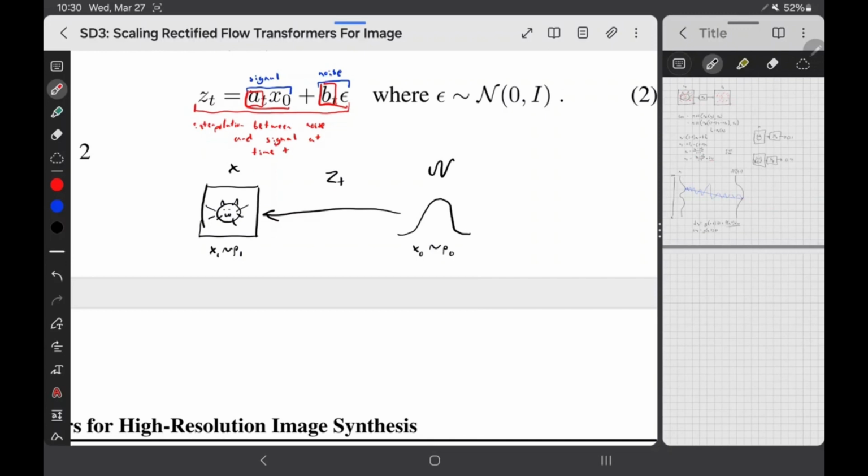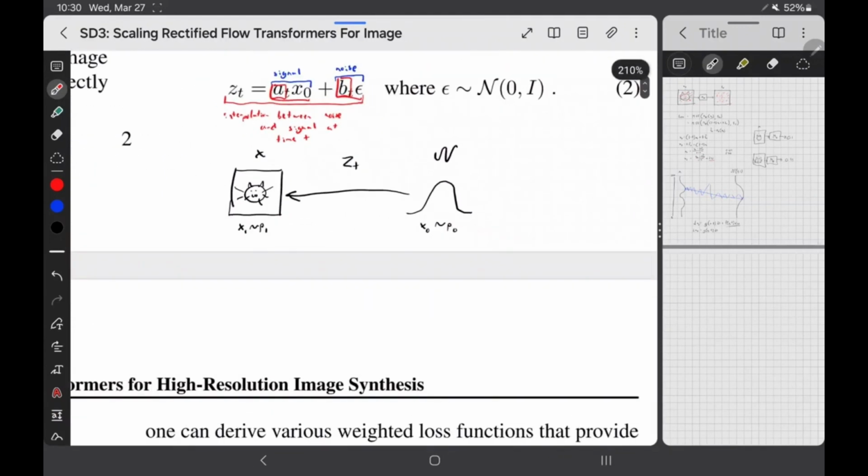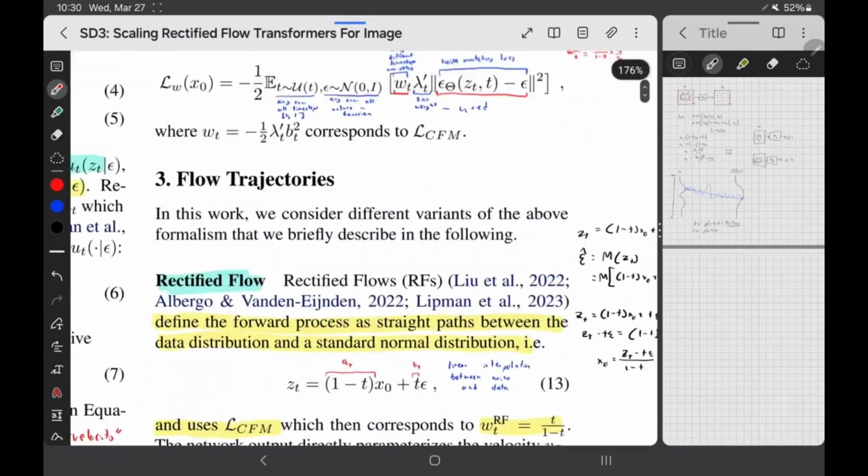So it's quite easy to make those predictions. It's difficult somewhere in the middle of this trajectory, because the model has both the signal and the noise, and it may be hard to distinguish between the two.